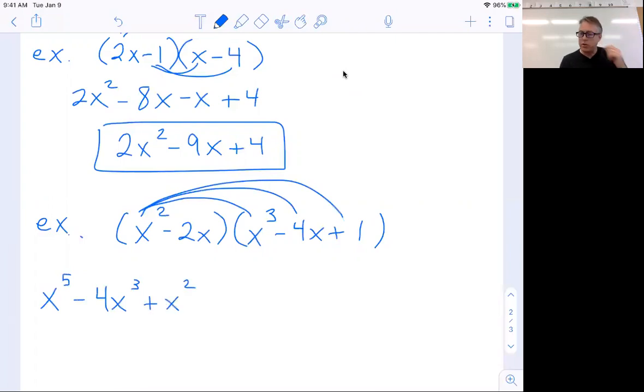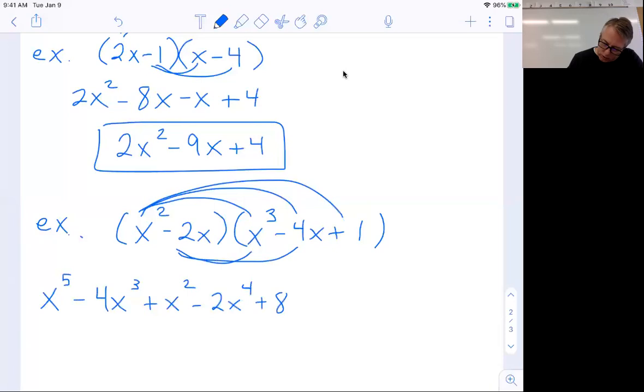So I multiplied x squared by everything. Now I'm going to multiply negative 2x times everything. So that's negative 2x to the fourth, and that's going to be plus 8x squared, and then minus 2x.